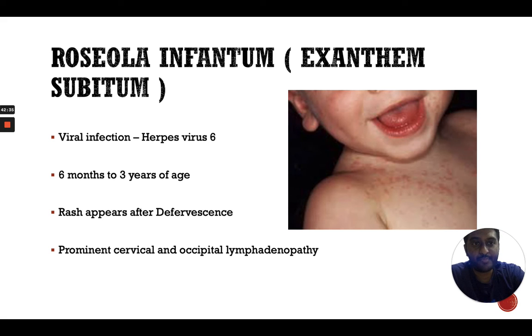You might have seen the child 2 or 3 days earlier for viral fever, sent them home, and they come with a rash, but now the fever is gone. If you have such a presentation, we can suspect roseola infantum. They can have prominent cervical and occipital lymphadenopathy, which is not very specific to this condition, but they can have this.